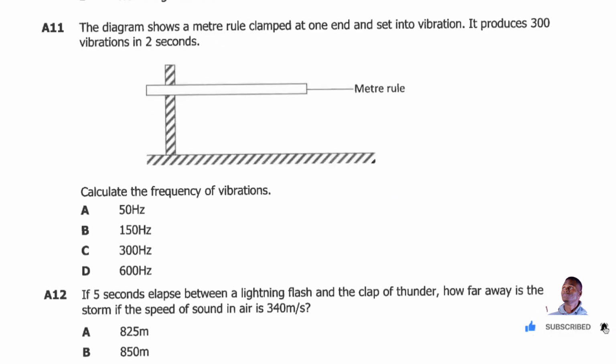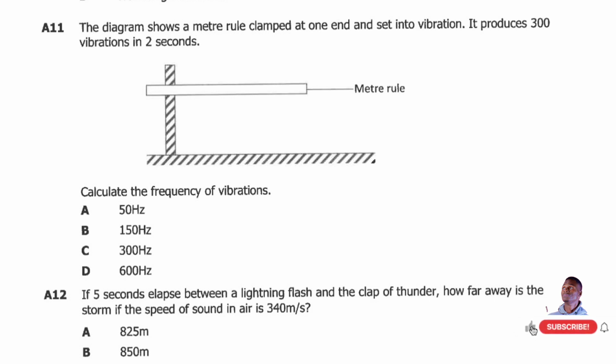Question 11. The diagram shows a metal rule clamped at one end and set into vibration. It produces 300 vibrations in 2 seconds. Calculate the frequency of vibration.